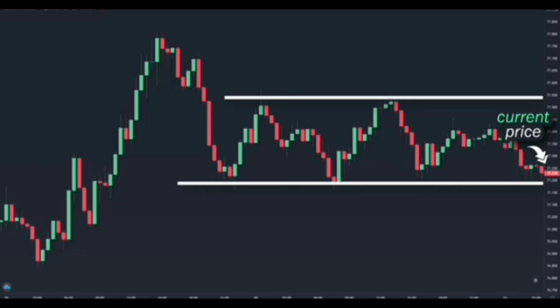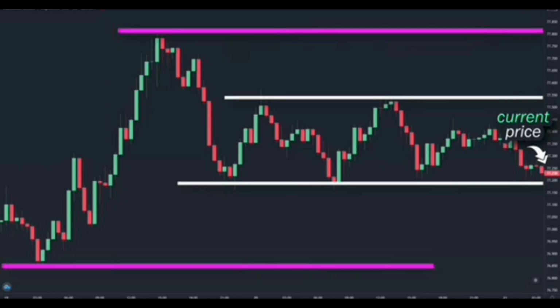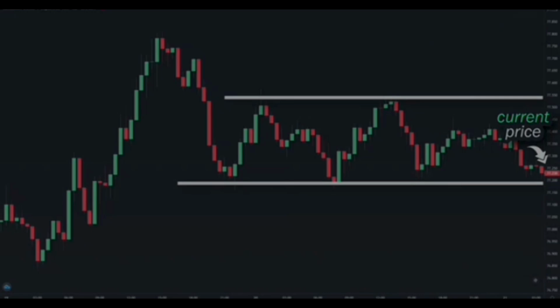You don't want to pick a zone that is too far away from the current price, like this one and this one. Even though these two lines fit the criteria of being a support and resistance line, they are still too far away from the price. Therefore, there's no point in drawing them. Remember, we only want to draw the lines that actually matter, because too many lines will look confusing.